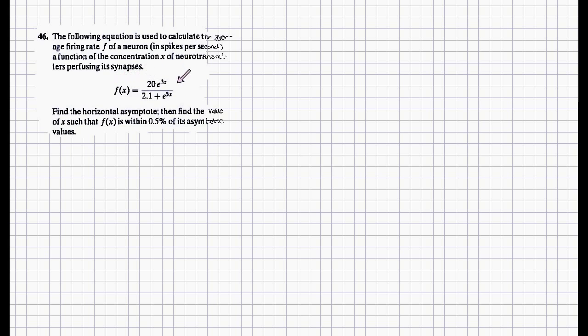They're saying that this is a function, okay, and that X here is what? The X is going to be our concentration of neurotransmitters. Okay?